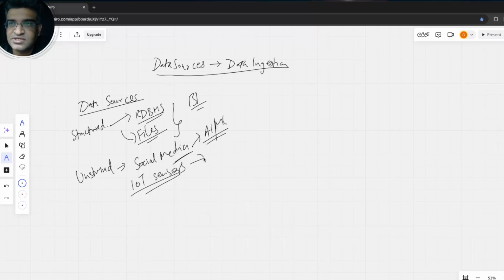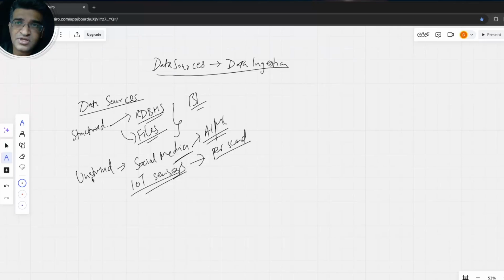So these are the sensors that can send you the data at maybe per second basis, per minute, depending on what kind of frequency you have. These sensors would be sending you that kind of data. This is again a very common use case.